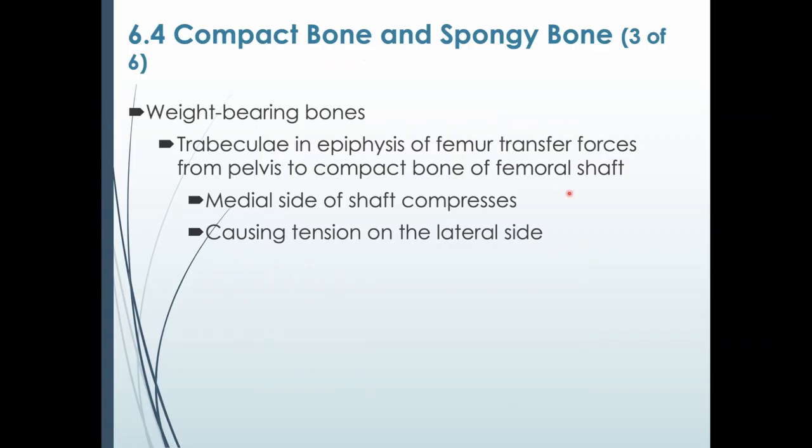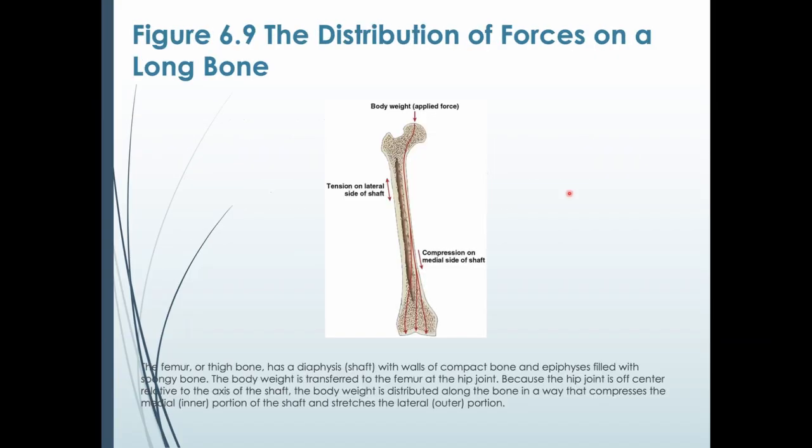So basically, it's going to be distributing weight. That's fancy stuff for distributing weight. And so you can see here's the force that is applied, and it is distributing weight all throughout, and it provides the tension on the lateral shaft, and it provides that force to the medial shaft.